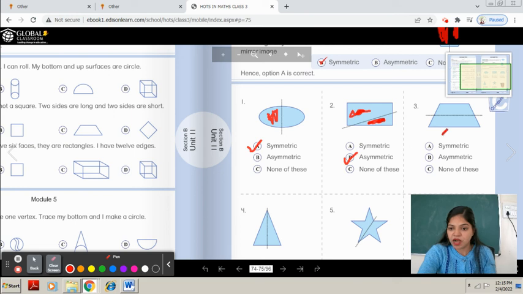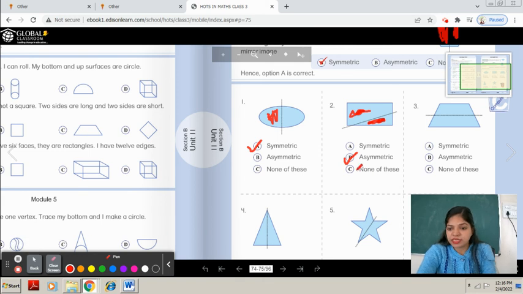Now next one we have the third shape. First of all tell me which shape. This is a trapezium, right? So now you can see this is the line of symmetry.